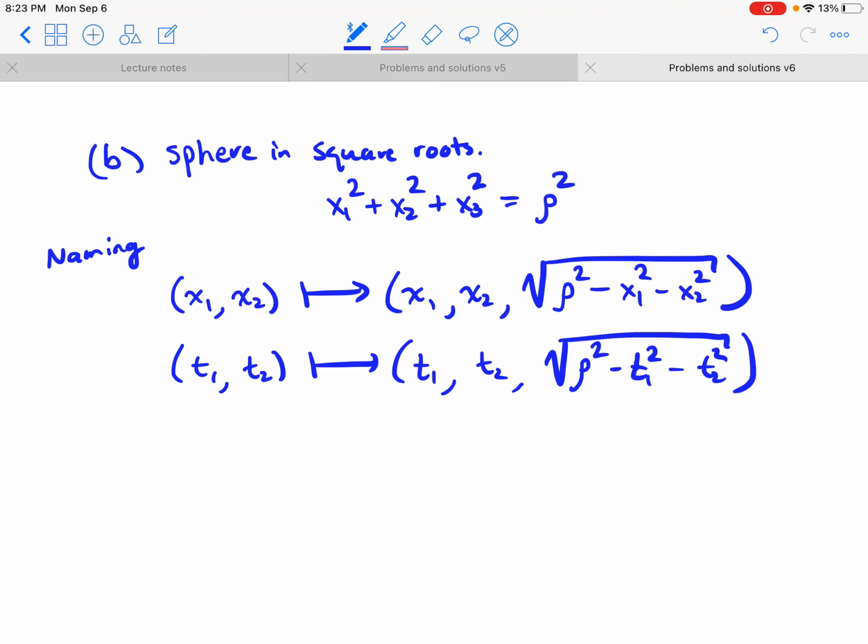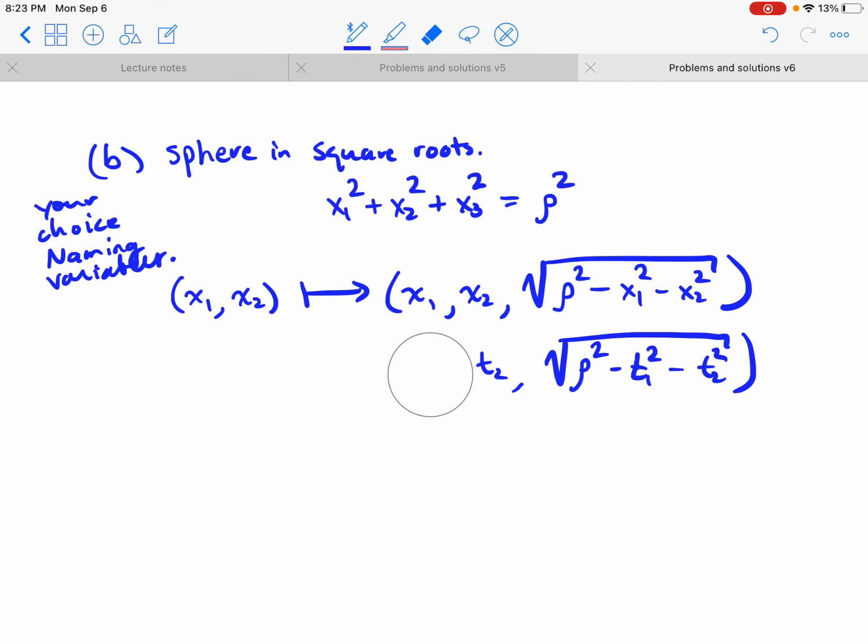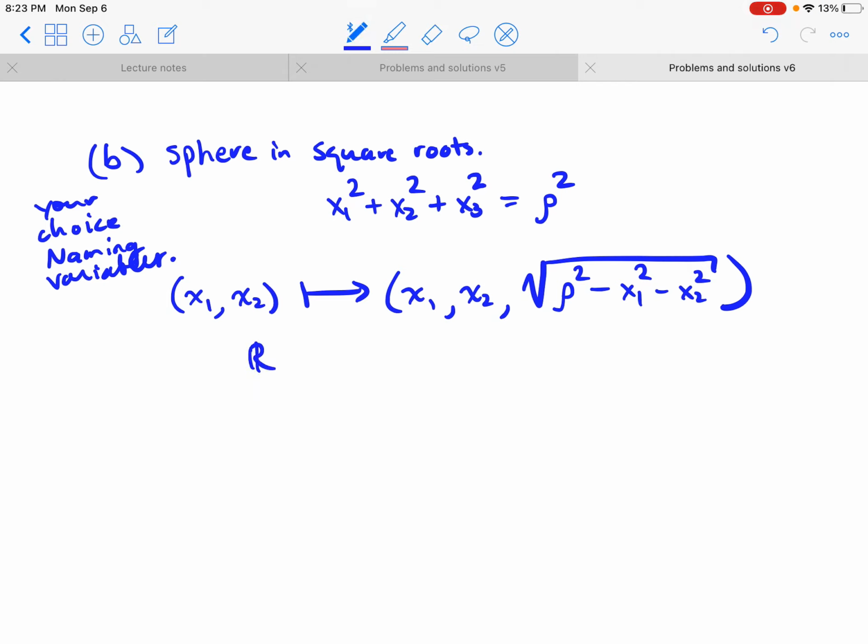It's just your choice of naming variables. And I like to point that out because that confused me a lot as a student. This is just your choice how you name variables. So yeah, let's just keep them in this case as x1, x2.